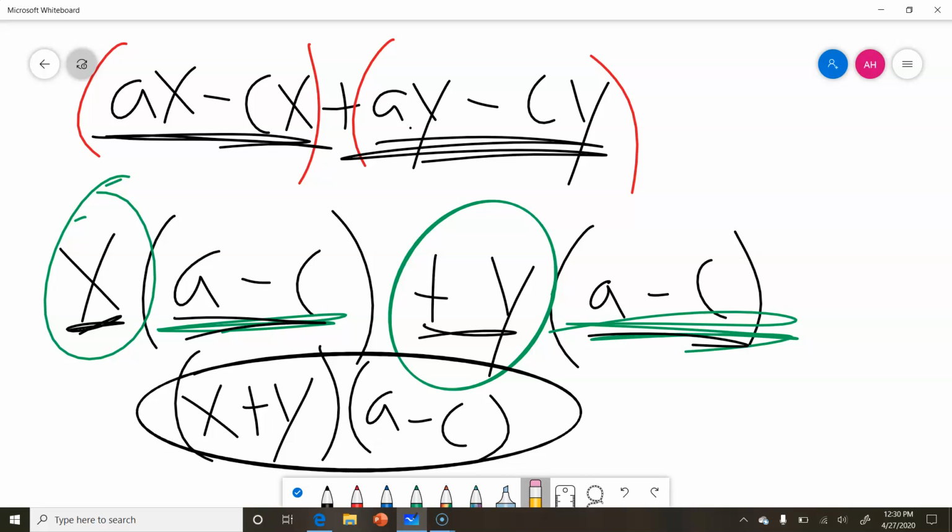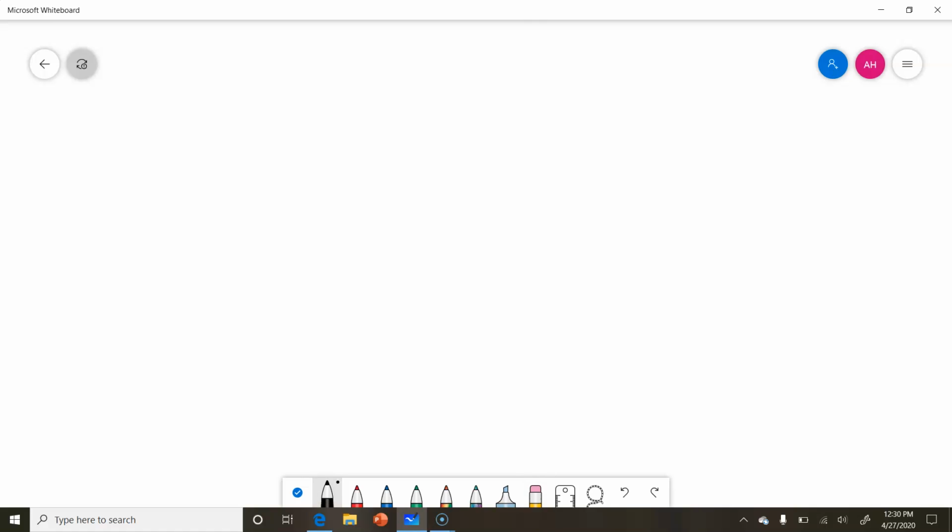Okay, so let me do another one because I feel like that one example was probably not the most helpful. I need a better example than the one I used before. So let's try this one right here.